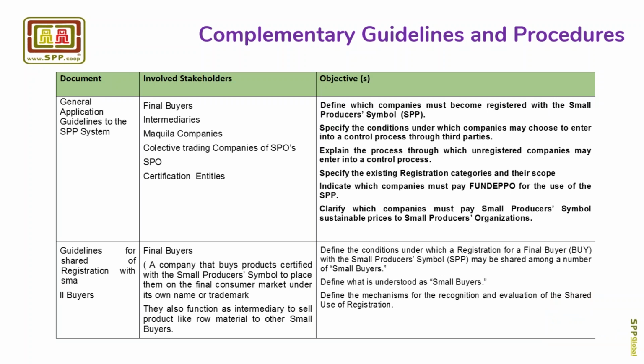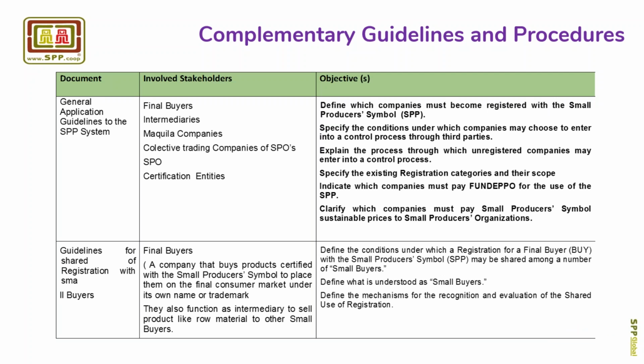Objective: specify the conditions under which companies may choose to enter into a control process through third parties. Then in this case, the intermediary or the processing plant would have to be evaluated through the evaluation process of the small producer organization or the final buyer.